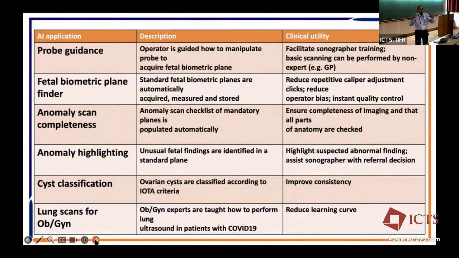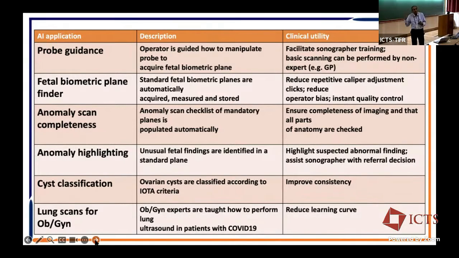When a doctor sees a patient, he asks for certain parameters and does some examination. If he's a respiratory specialist, he looks at the chest and says, okay, my job is done. But for an ultrasound, I need to see the complete fetus before I say I have seen everything and declare it normal. Now, who decides that? Is it my sense of satisfaction, okay, I've seen everything, or do I have a checklist approach and say all these things are checked and done?